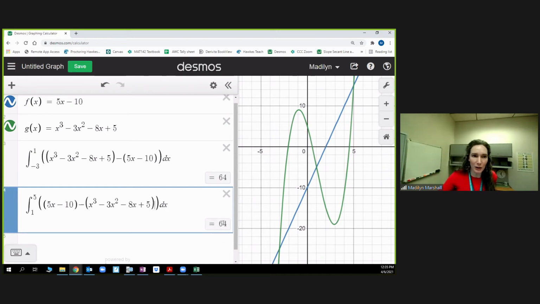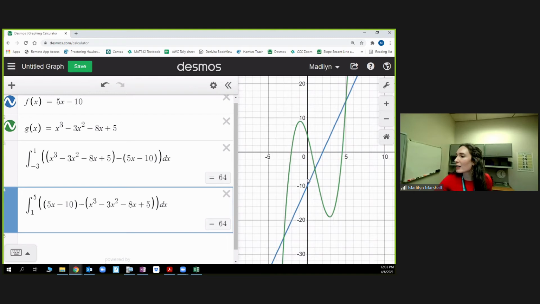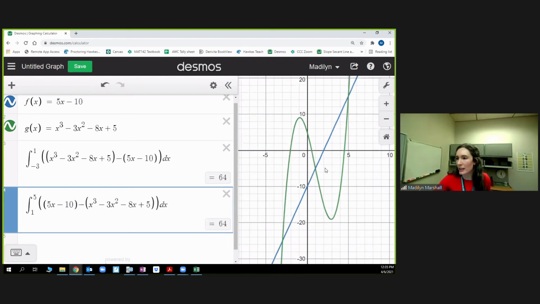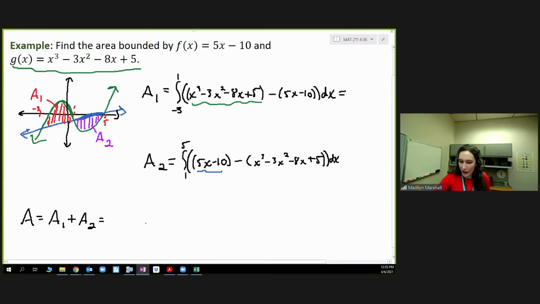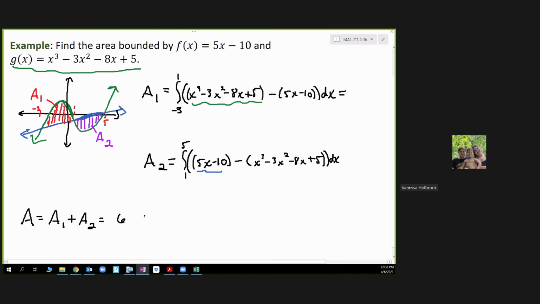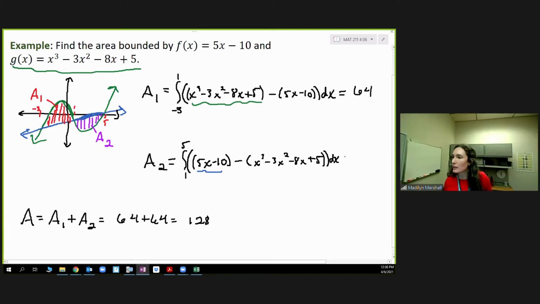So that's not always going to be the case, but in this situation, the two sides of this curve and where the line is going through it are symmetrical. Just not always the case, so we can't count on that, but it is possible. So each of those is 64. So to get our total area, 128. Yes. So each of those ended up being 64.